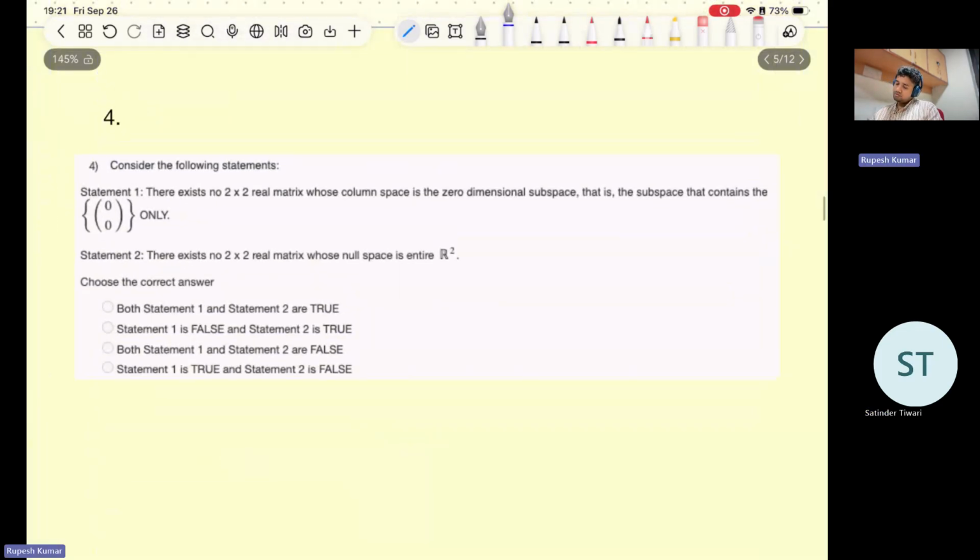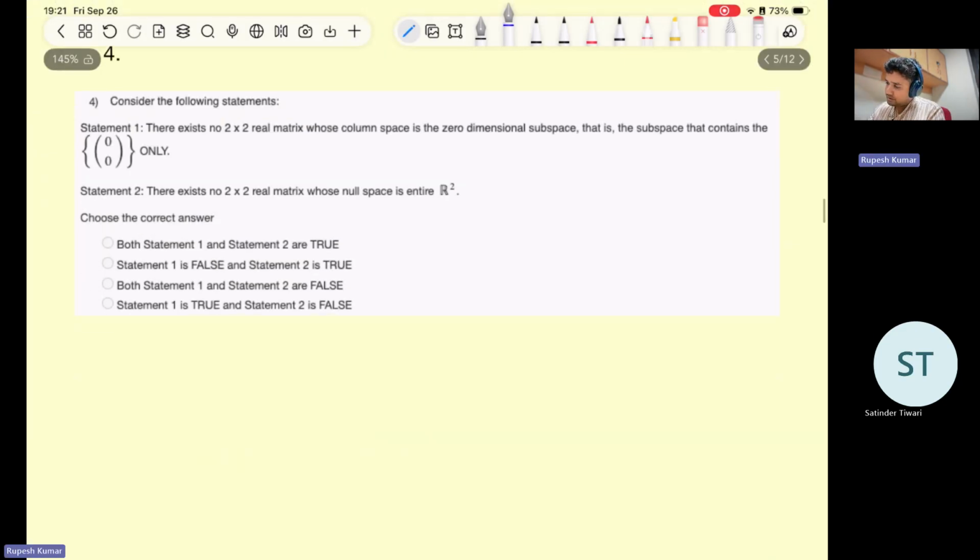So, there exists no 2 cross 2 real matrix whose column space is the zero-dimensional subspace, that is, the subspace that contains (0, 0) only. Let's check statement one's claim and then we'll proceed with statement two.